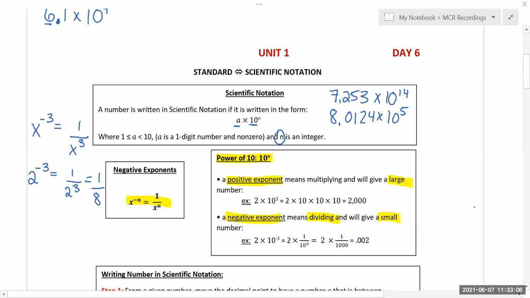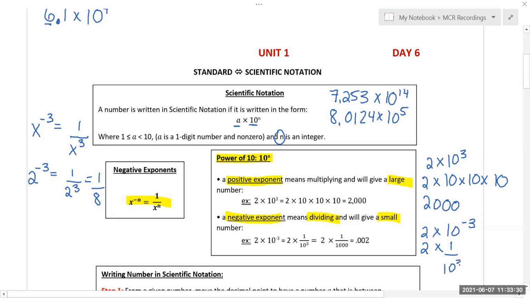So if you just had regular 2 times 10 cubed, think of that as 2 times 10 three times. So you're going to get a much bigger number, 1, 2, 3, or moving the decimal 3 places. But if you have 2 times 10 to the negative 3, that's like 2 times 1 over 10 cubed, or dividing by 10 three times. That's how you get the 0.002. So it makes it a lot smaller.